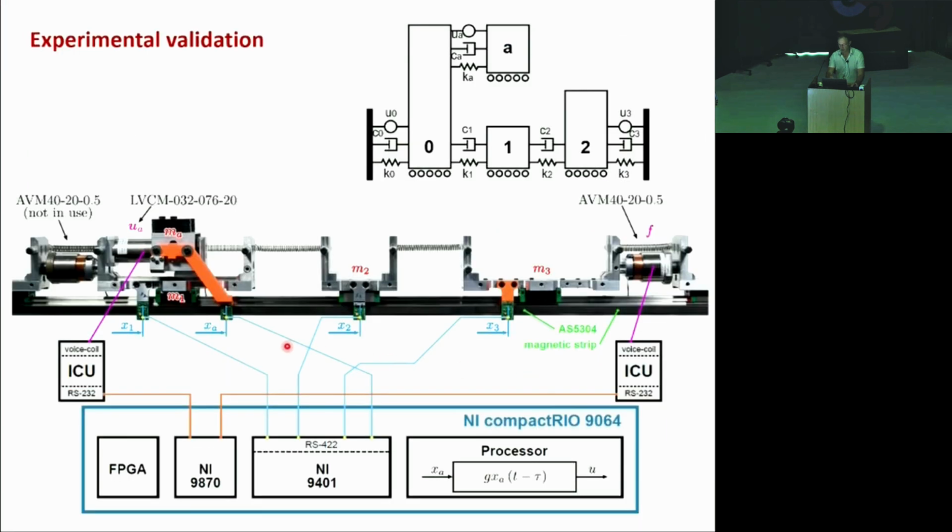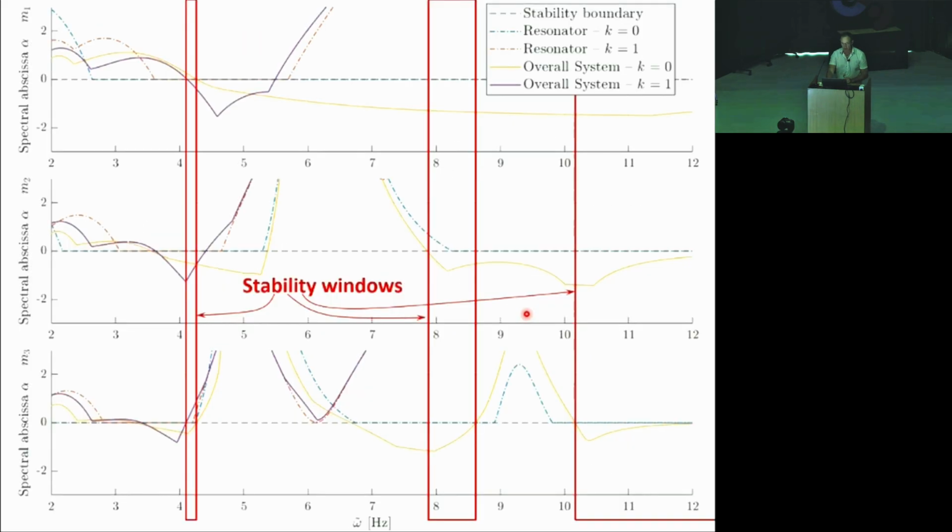All the time we just take the feedback from the position of the absorber. Even though we measure positions of all the cars, they are not used for feedback, they are just used for measurements. Again, it's always implemented on this compact trio.